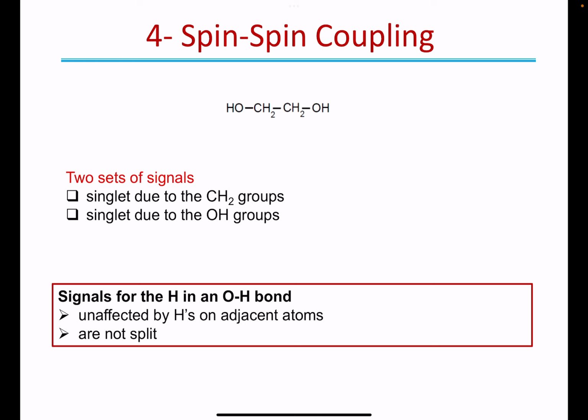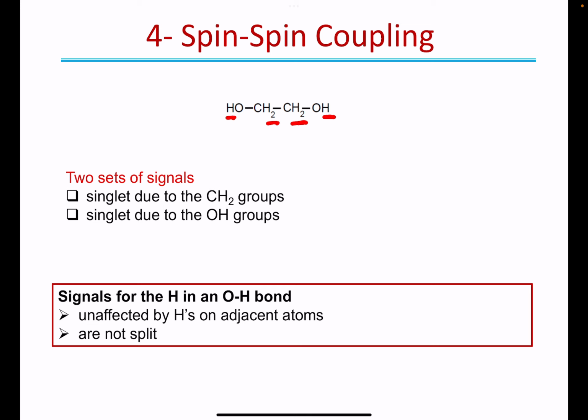Another molecule here is ethylene glycol, or 1,2-ethanediol. We expect to see two signals. One signal due to the four protons on the CH2 and CH2 because they are chemically equivalent, and one signal for the two OH here.